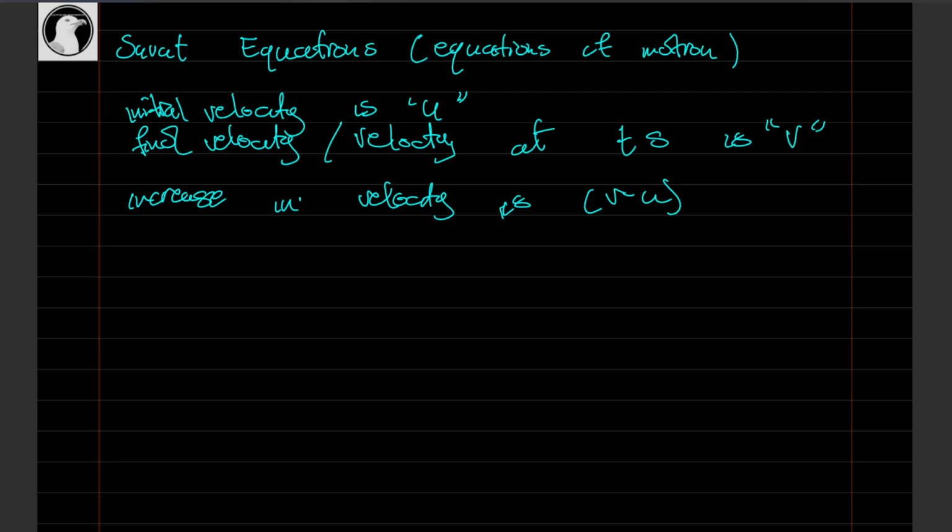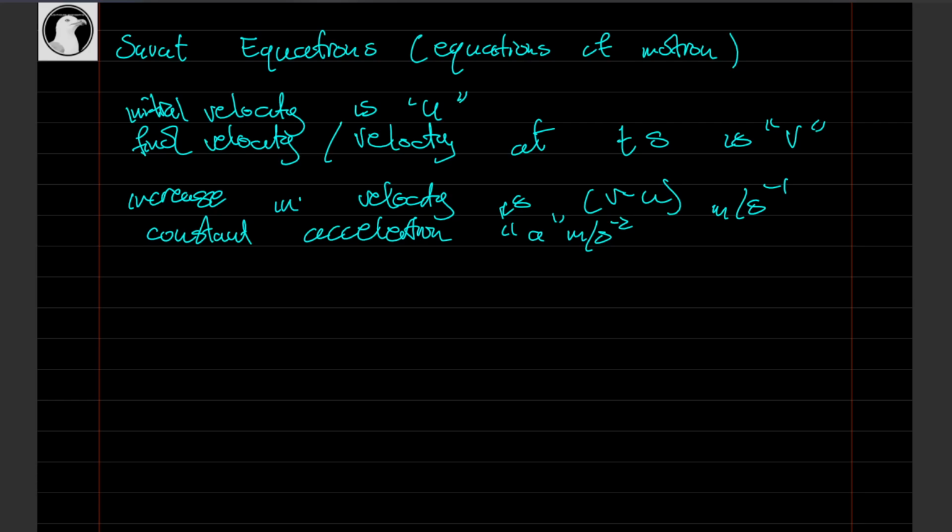Now, as we have explored previously, we would know that the constant acceleration is a meters per second squared.